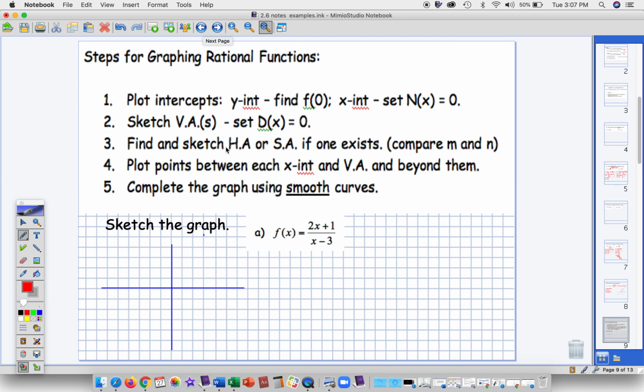So now we're going to put all this together and look at the steps for graphing a rational function. Some of this could be done in a different order, but I started off with plotting the intercepts. So we have the y-intercept, right? You're just finding f of 0. In this case, that would be negative 1/3.